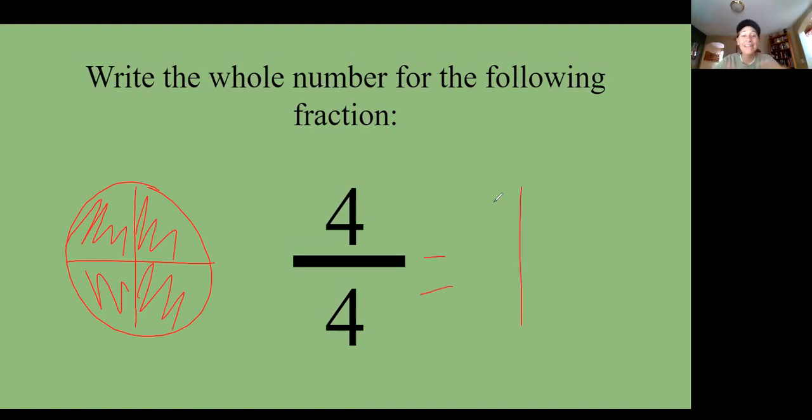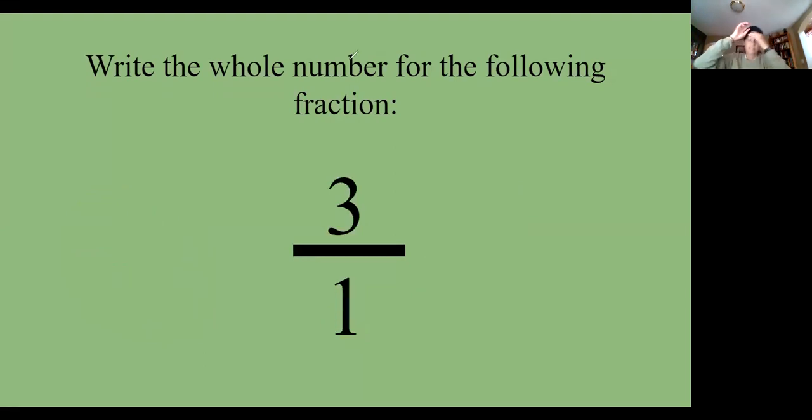So this is important. Anytime the top number and the bottom number are the same, it's going to equal 1. So 4/4 equals 1. 3/3 equals 1. 8/8 equals 1. 100/100 equals 1. As long as the top number and the bottom number are the same, it's going to equal 1. So that is something that you are going to need to remember.